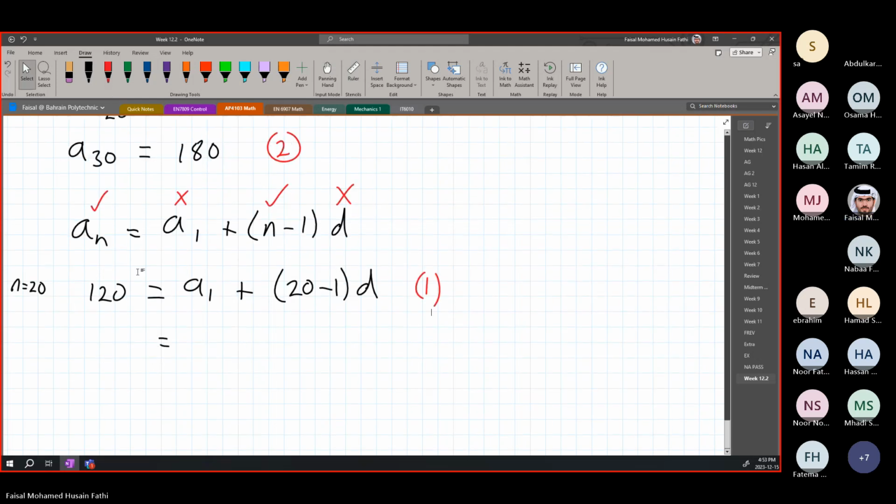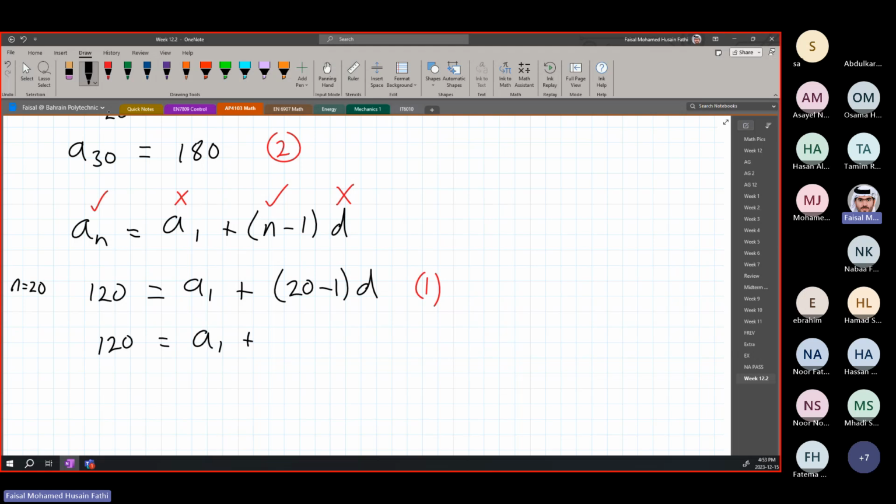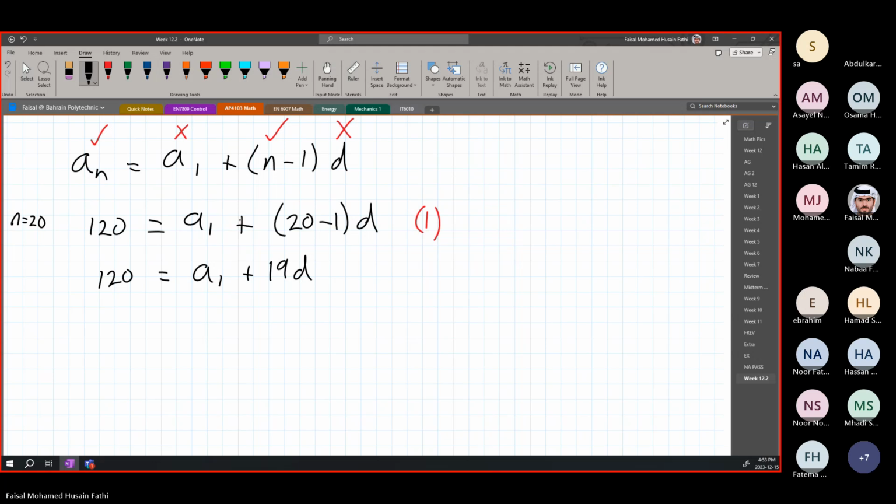Okay? 120 is equal to A1 plus 20 minus 1. Let's simplify it more. 120 is equal to A1 plus 19D. And that's it. Let's rewrite it so that the 120 is on the other side. So it's A1 plus 19D is equal to 120. And this is our equation 1.